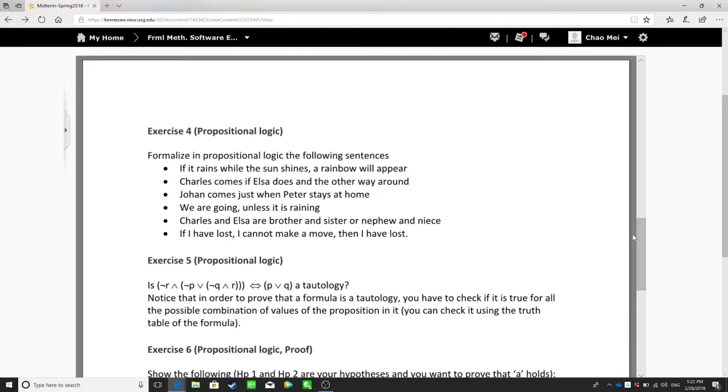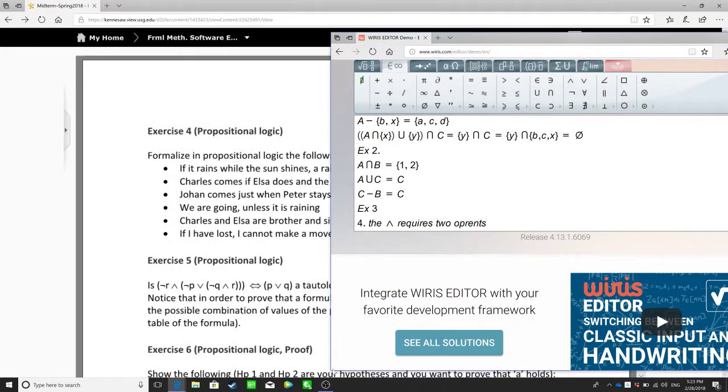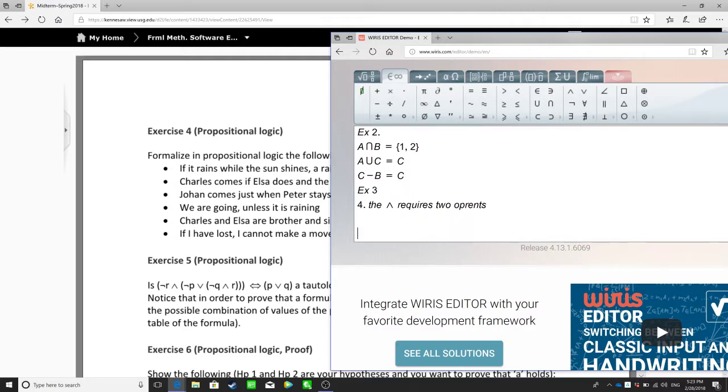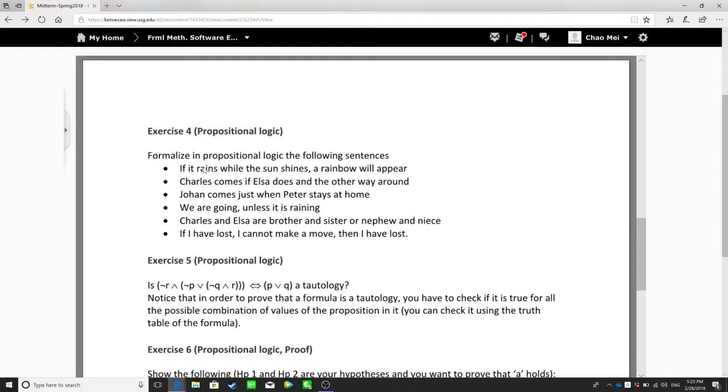Okay, exercise 4. Formalize in propositional logic the following sentences. Can anyone tell me the answer? Let's look at them one by one. If it rains while the sun shines, a rainbow will appear.